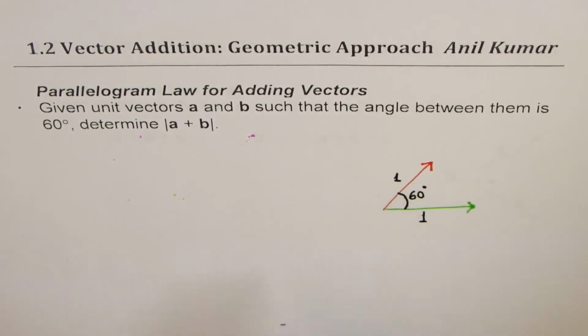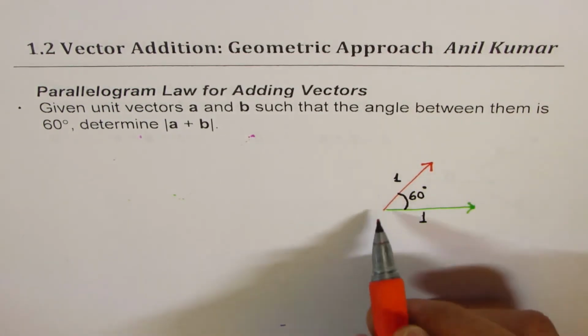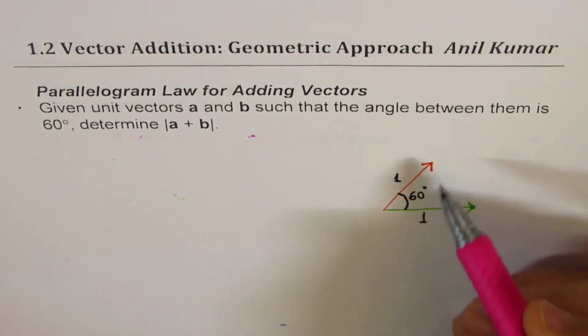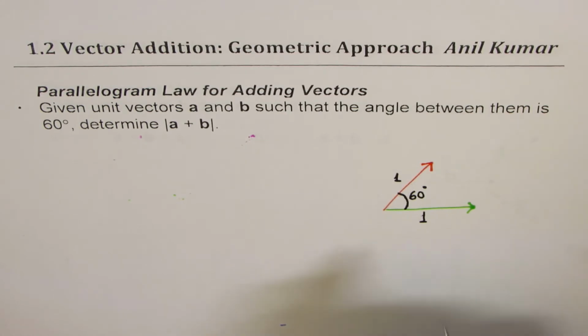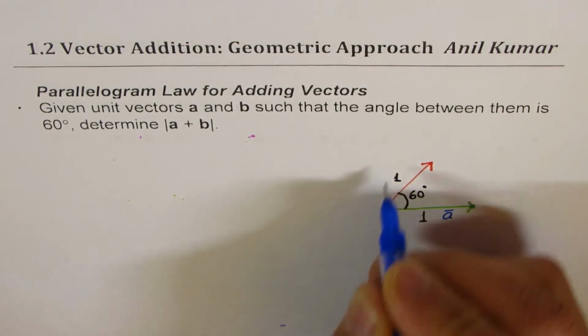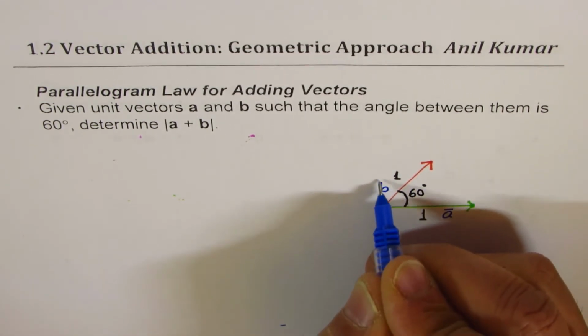You can find the sum by forming a parallelogram and see how. So the idea is we will place the other vector, which is B. Let me write down A and B first, right? So we have vector A here and vector B on this side.